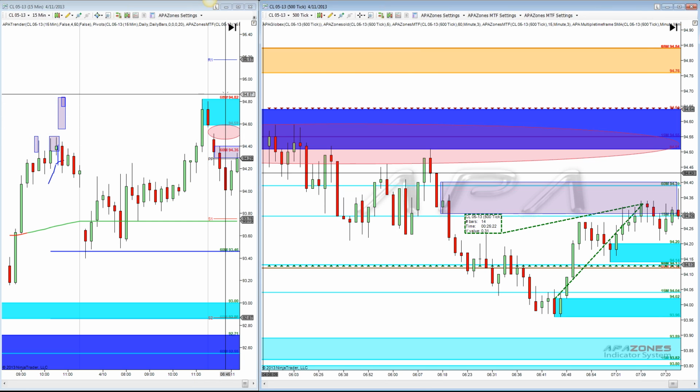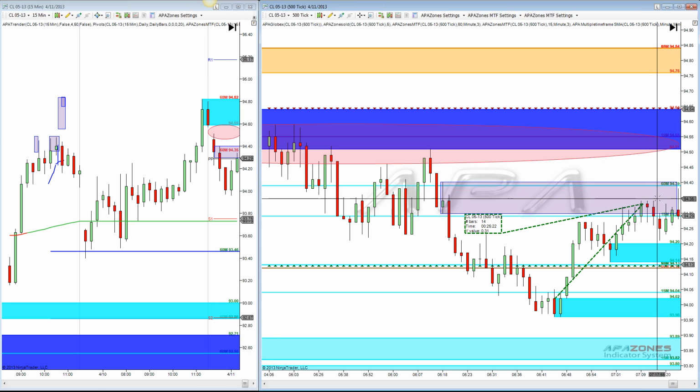All right, the 60-minute level off of the 15-minute regular trading hours chart gives me resistance at 94.35. So that's where I know 94.35 is coming in. Now, on here, I know that I have a 60-minute demand zone.